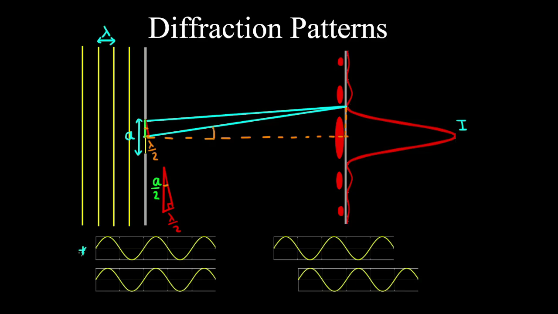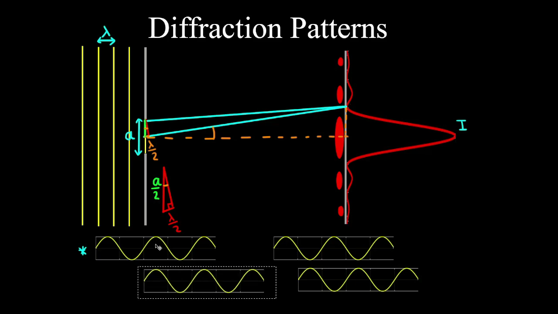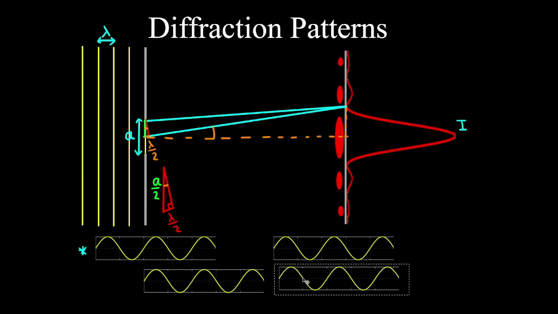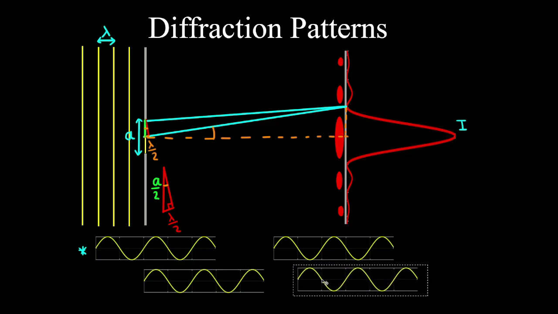So as revision, we can visualize constructive interference here, where the waves are in phase. So if this wave over here moves a full wavelength, then we again get constructive interference. But if the wave moves by half a wavelength, then we get destructive interference.